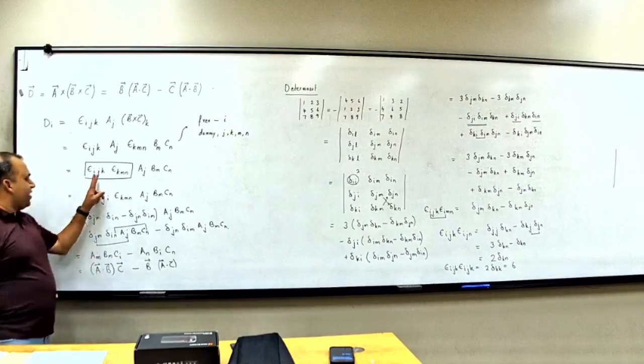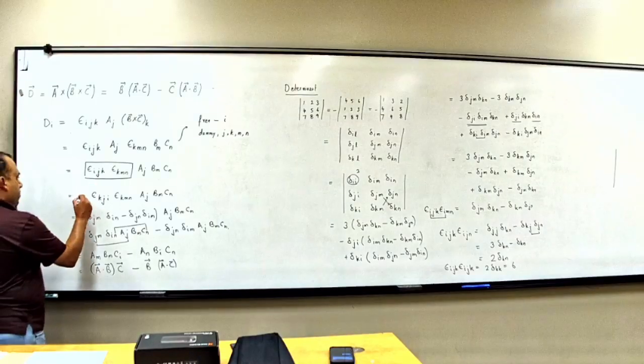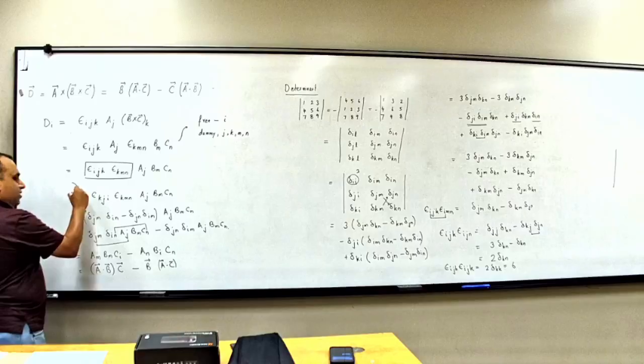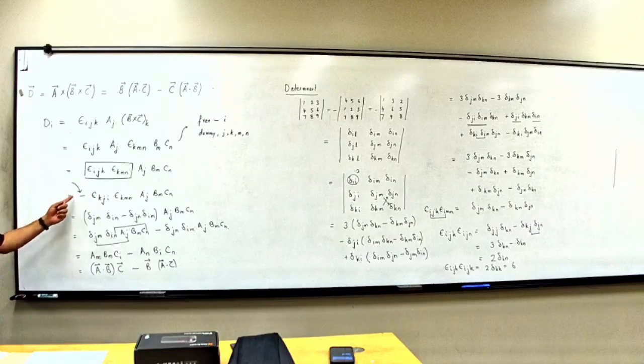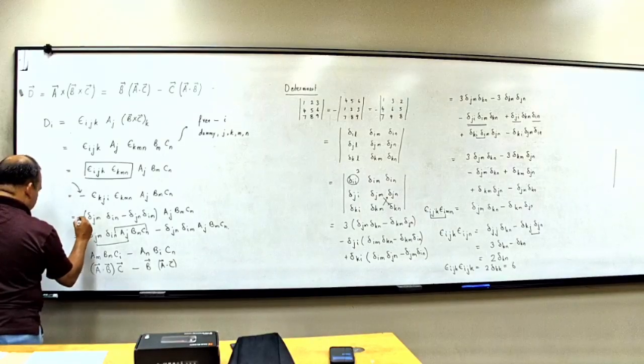Oh, when I swapped k and i here, there should have been a minus sign. Yes. Correct? So notice this was a mistake. I forgot the minus sign. Is that clear? Did everyone catch that? Yeah. So there was a minus sign there, so this is minus.